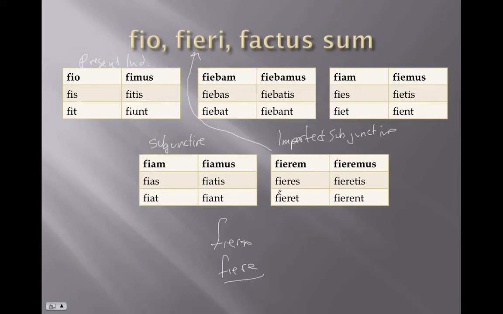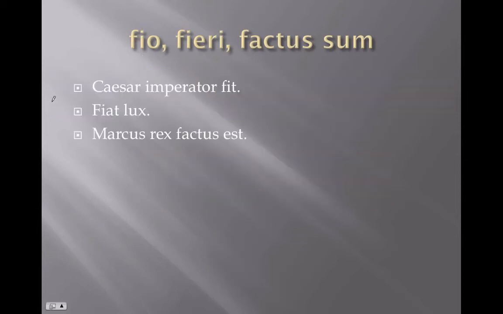So fierem, fieres, fieret, fieremus, fieretis, fierent. So you can see the actual endings and tenses of fio are pretty regular and very recognizable. Its use becomes a little more complicated, but if you remember that this is the passive of to make or do, then you'll be all right.